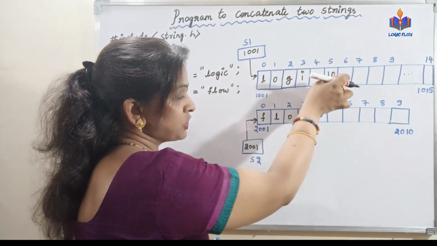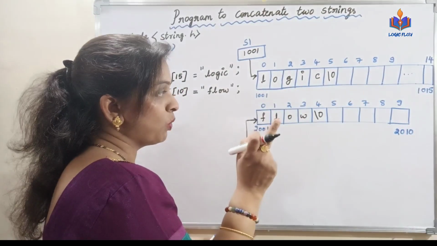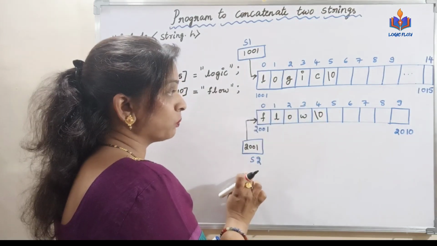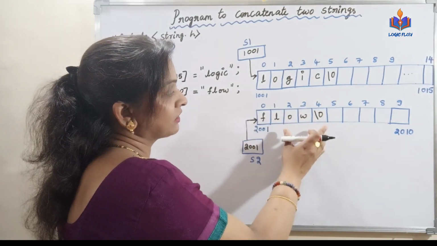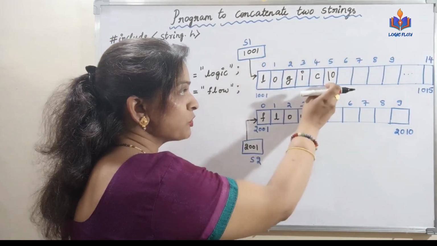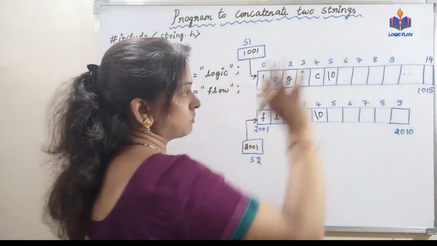I need to run a loop from 0 to 4 of string 2, and one by one all the characters have to be shifted to string 1 right from the position where I have the null character. And finally, even this null character has to be placed.